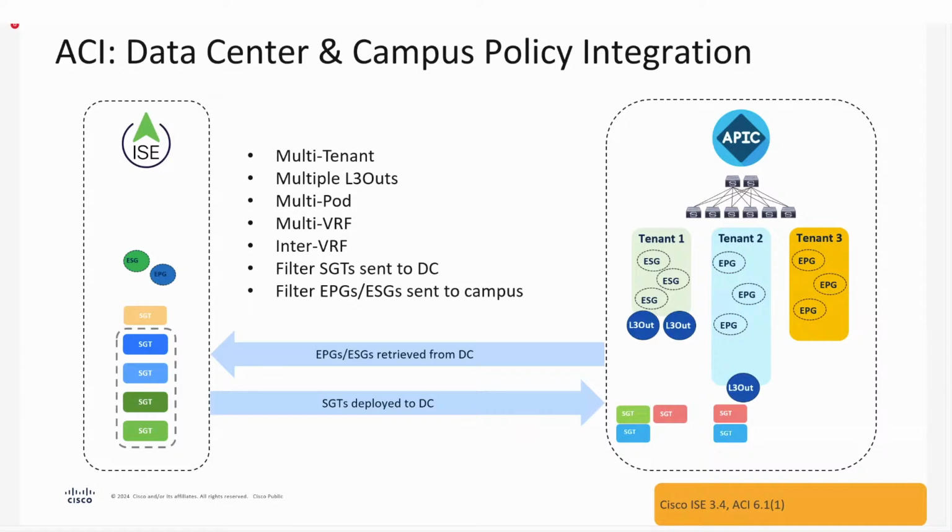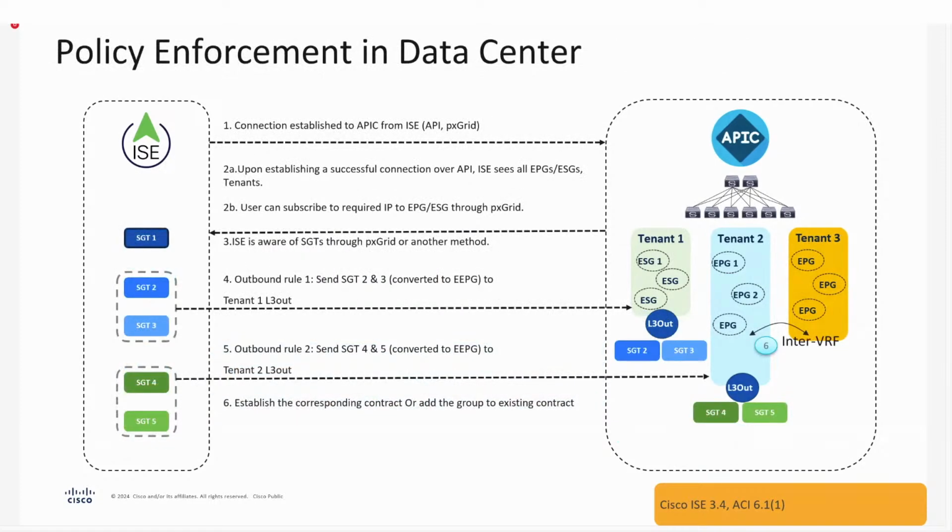We also have the policy enforcement in the data center, and how is that policy enforcement going to happen? Well, first, like I said, we establish that connection to your APIC controller running ACI. The connection is established through APIs, and then we create that pxGrid connection for the transfer of the context and SGTs.